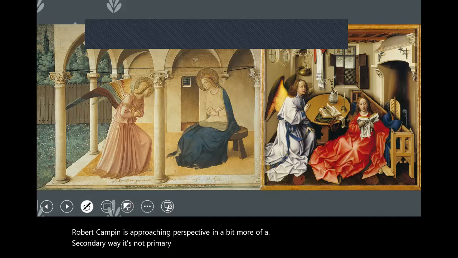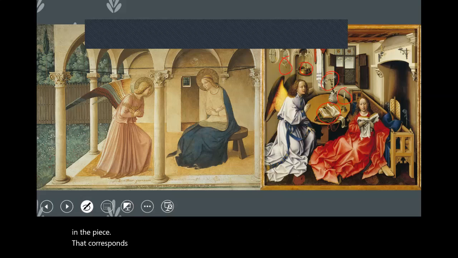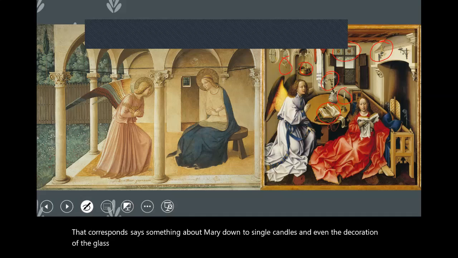What is primary is the reading of each and every object in the piece that says something about Mary, down to single candles and even the decoration of the glasswork in the windows.